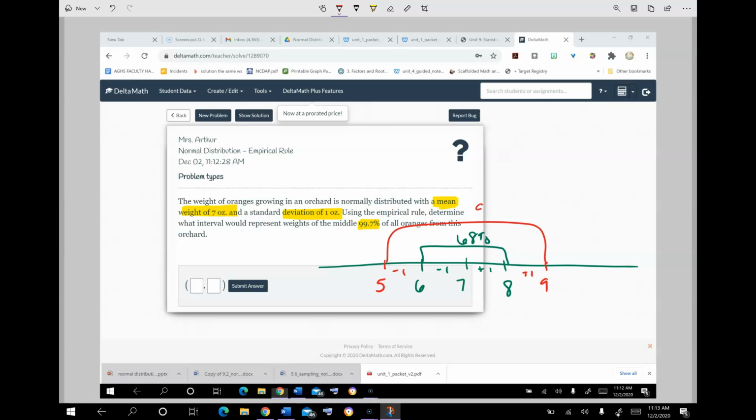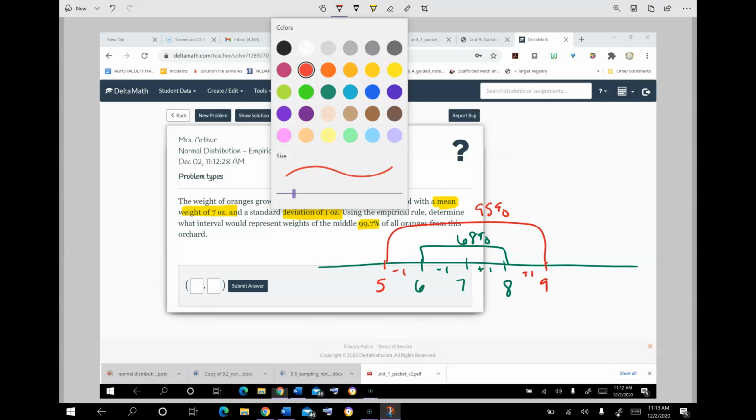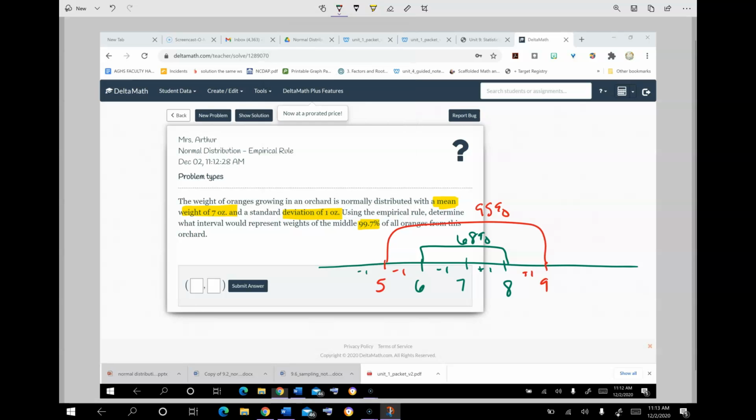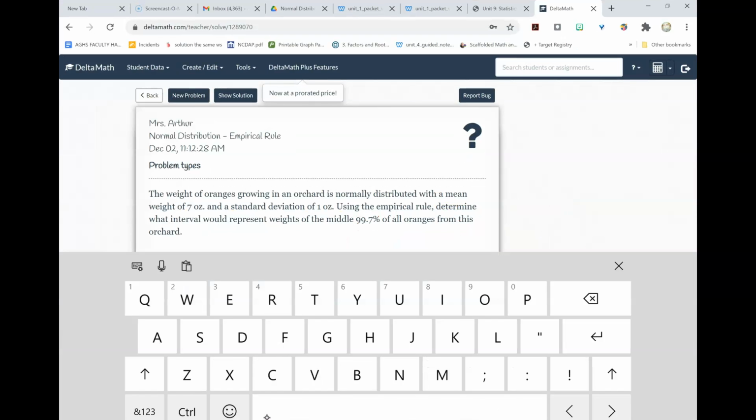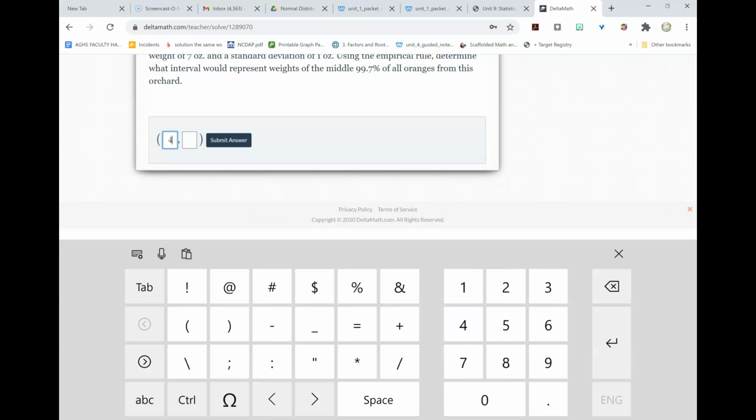That's going to be 95%. Then we're going to do it one more time. Subtract 1 and get 4. Add 1 and get 10. And that's going to be your 99.7, between 4 and 10. So I pull this back up, between 4 and 10. Okay?